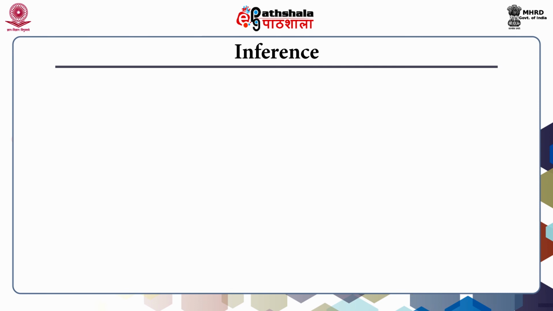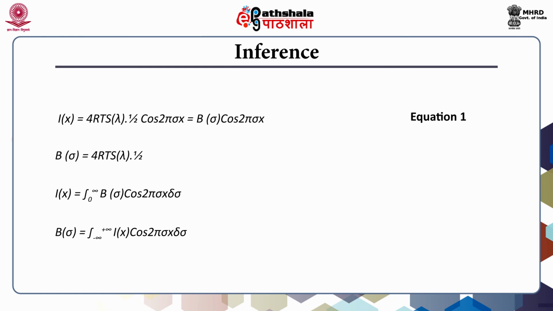The intensity of light observed by the detector for monochromatic light is given by I(x) equals 4RTS into half cos 2 pi sigma x.